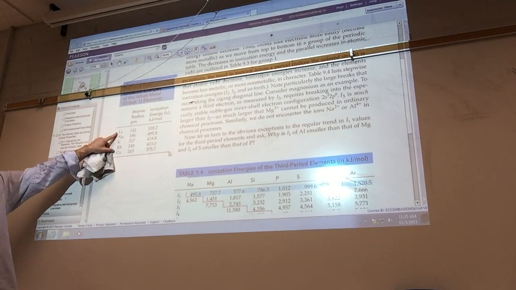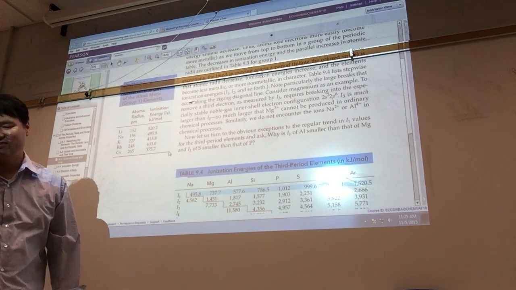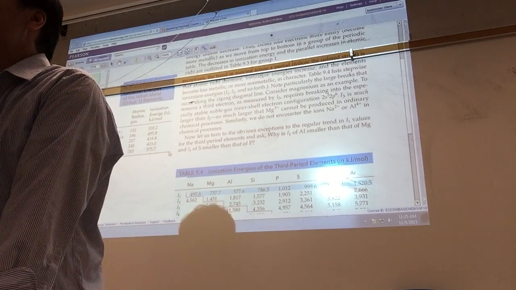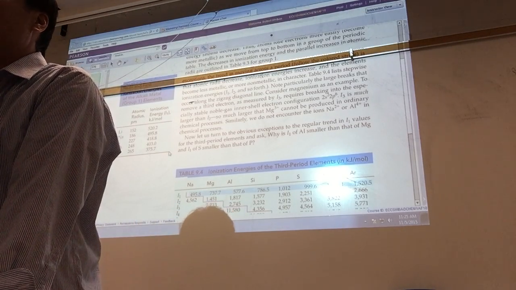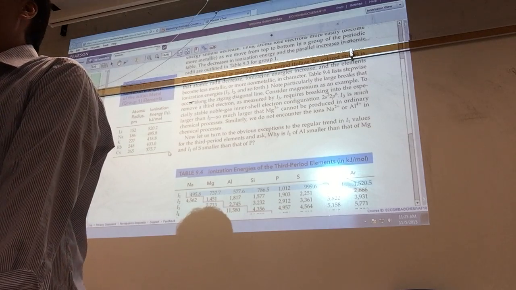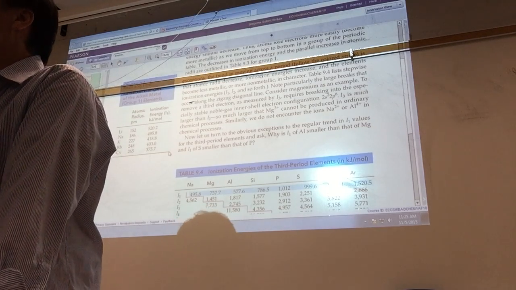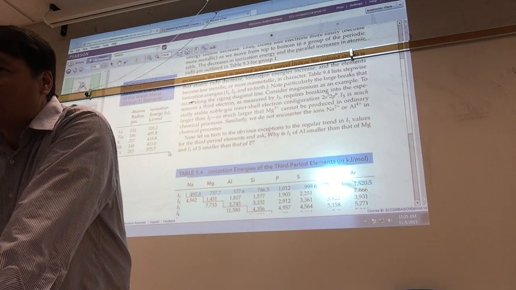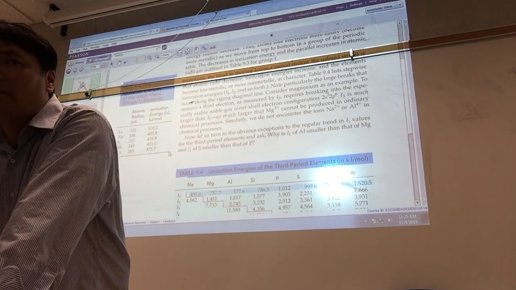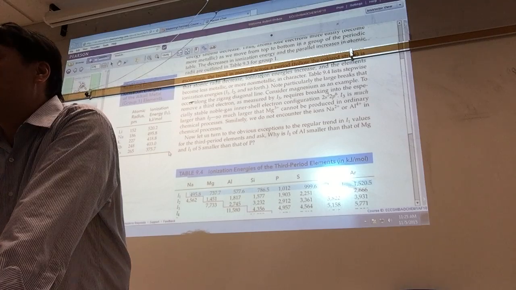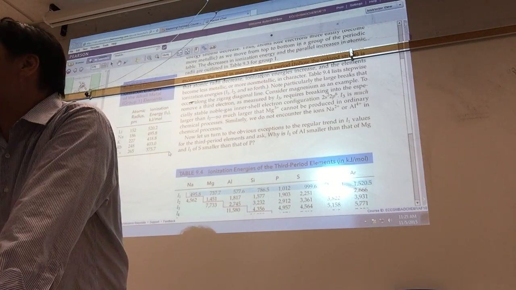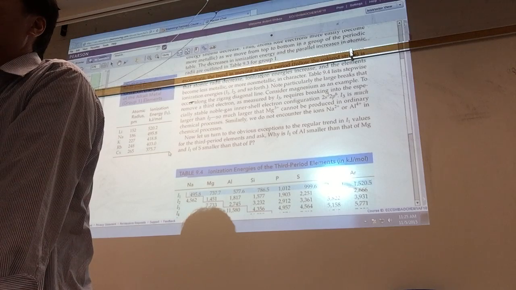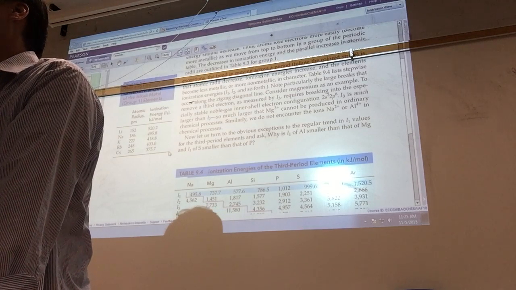Lithium has a much higher ionization energy because it's a much smaller atom. But we have a conflict here. What's the strongest reducer on the redox chart?